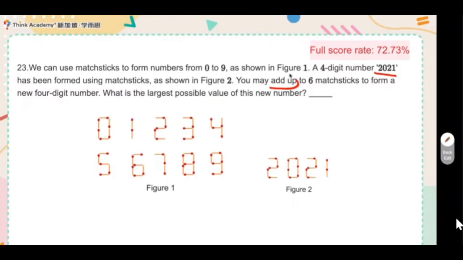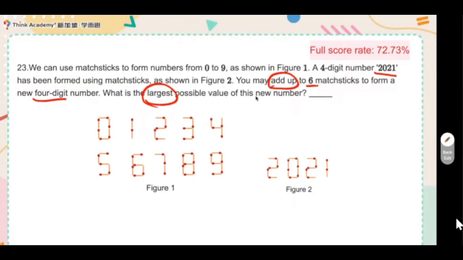You may add up to 6 matchsticks to form a new 4-digit number. Okay, so everyone, my question is, we need to add matchstick. Is it take away? No. Is it move the position? No. We just add, right? So everyone, this time, let's see what is the largest possible value.